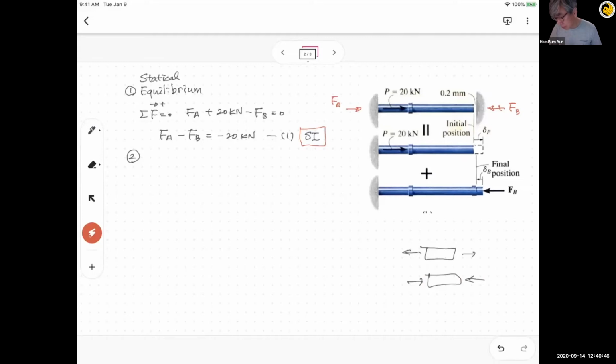Statics means not moving, so when you consider statical equilibrium, you want to be consistent with whatever sign convention you made. Okay, so did I answer your question, Amir? Yeah, this is very important. That's a very good question. The second thing is, because this is statically indeterminate, we need a compatibility equation.